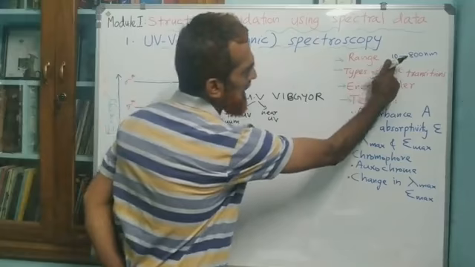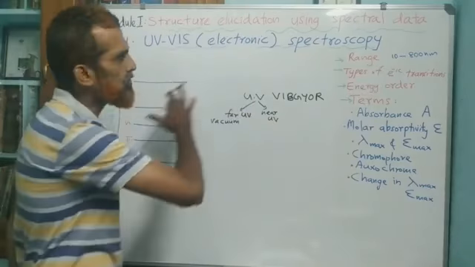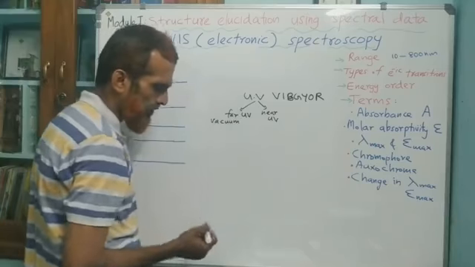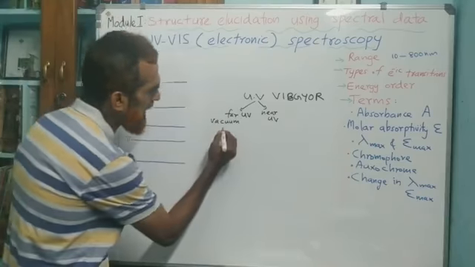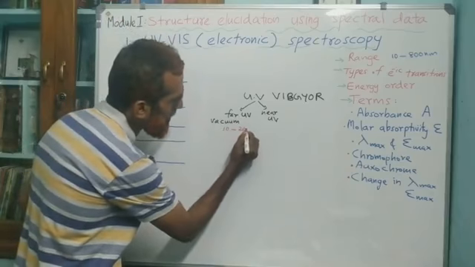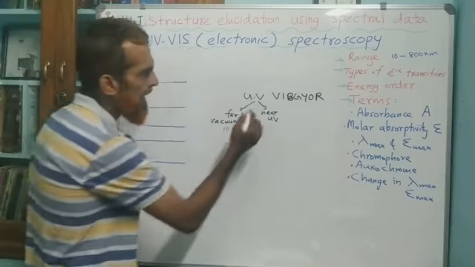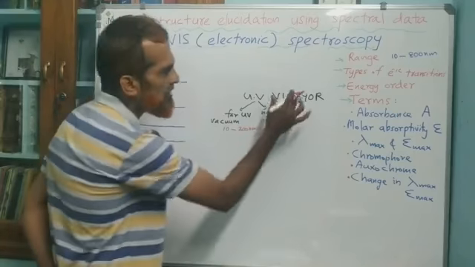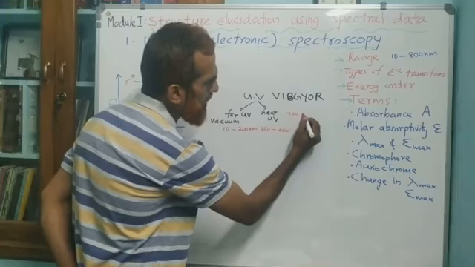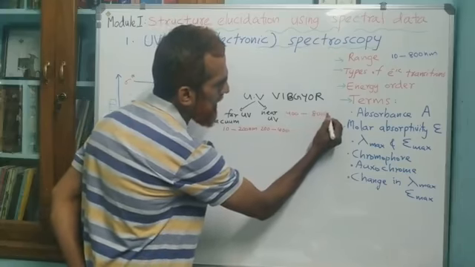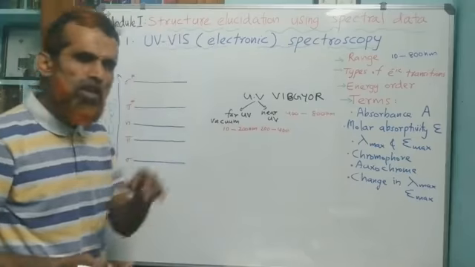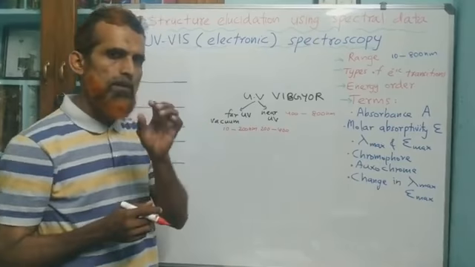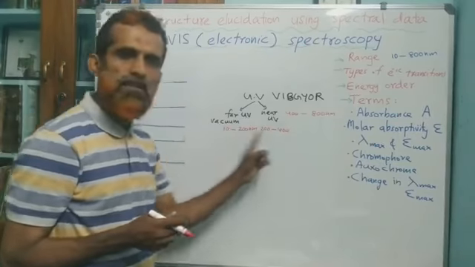See, the range is from 10 nanometer to 800 nanometer used for this UV visible spectroscopy. So far UV ranges from 10 to 200 nanometer, near UV from 200 to 400, and visible range, as you know, is from 400 to roughly 800 nanometer. So a molecule can absorb the radiation of a particular wavelength in this range.